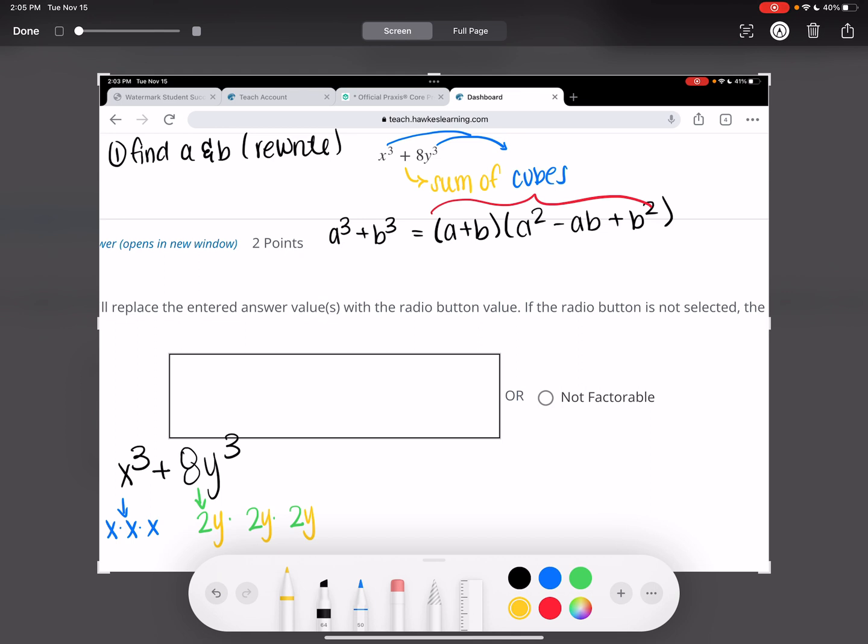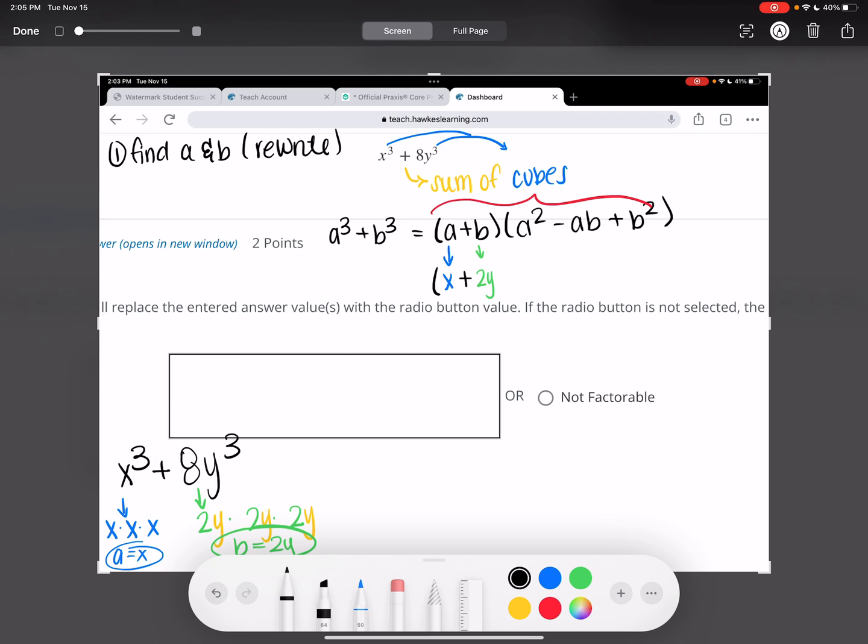And so now I have that A is going to be x, because I'm just going to pull one of those out, and B is going to be 2y. Now I can go to fill in my formula. So A is going to be x, and B is going to be 2y.